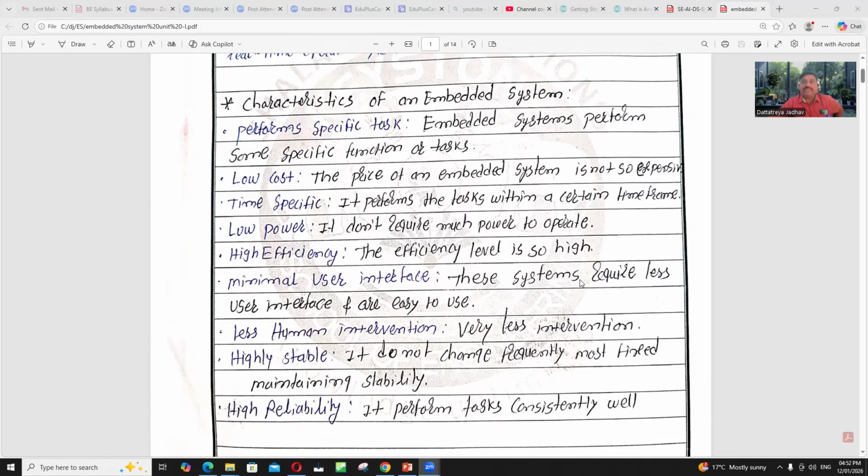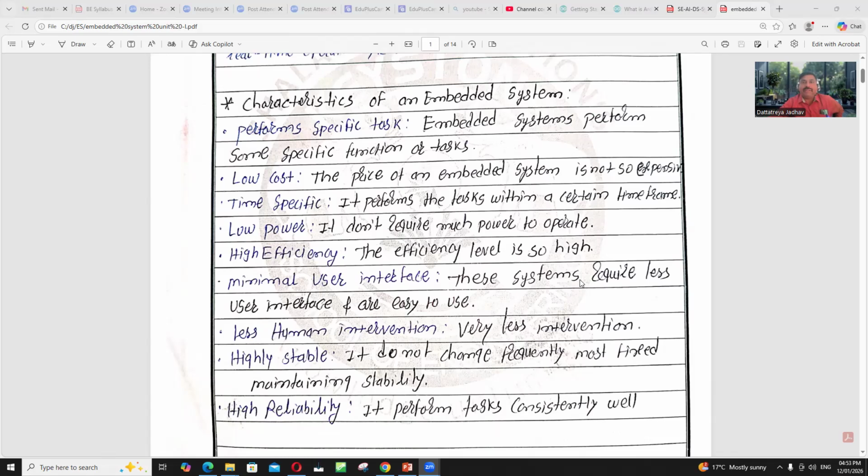The embedded system performs some specific function or task. Whatever task is given, we have to develop a system for that specific task, and it should concentrate on that specific function.